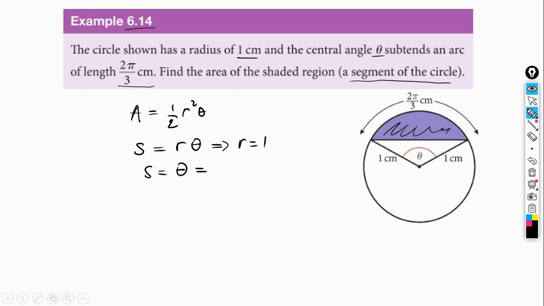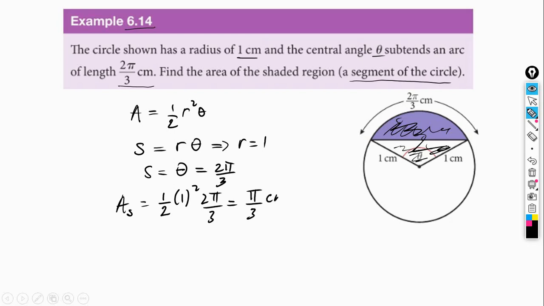So the central angle is 2 pi thirds. That means that the area of the sector, of all this sector, that would be including all of this, right? The area of the sector is going to be 1/2 times 1 squared times 2 pi thirds, and this would give us pi thirds centimeters squared.